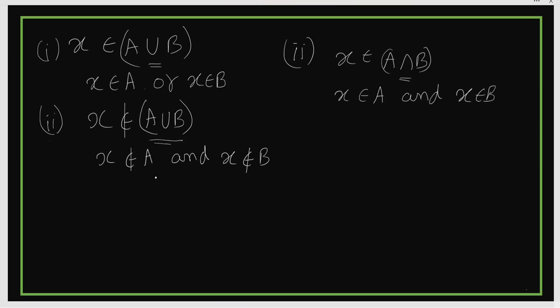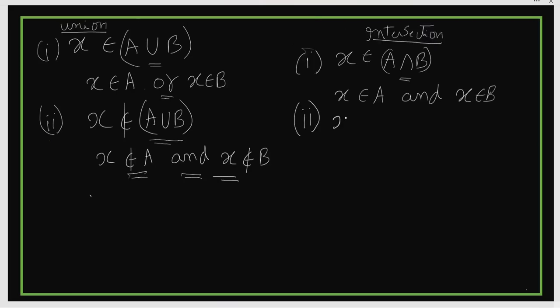It is all outside A union B. So it does not belong to A and does not belong to B. When union, does not belong, it becomes and. When it belongs to A, it becomes or. Remember that. This is for intersection. This is for union.